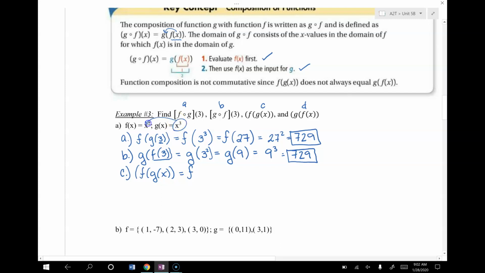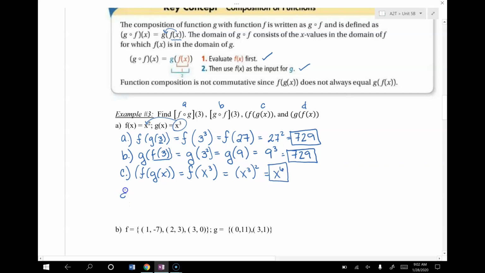So first substitute in g of x as x cubed, then take the x cubed and substitute it in for every x value within f of x. Okay, x cubed squared, power raised to a power, we multiply, so this composes to x to the 6th.